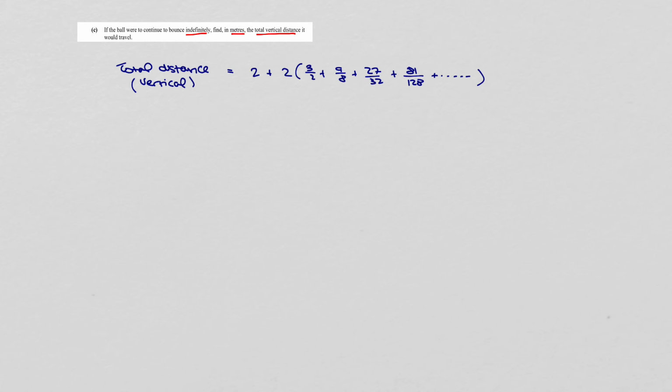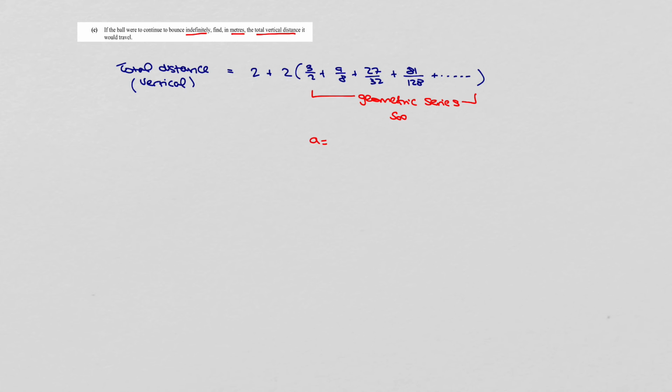What we can see here inside the brackets is that we're going to have a geometric series where we're multiplying each term by 3/2, and it's a sum to infinity then inside the brackets.